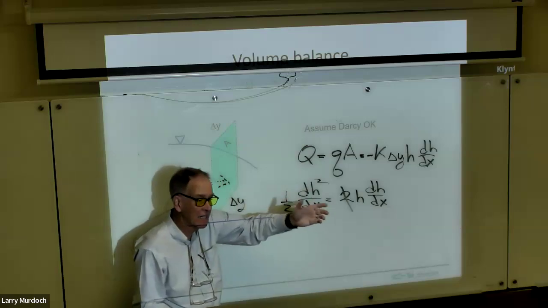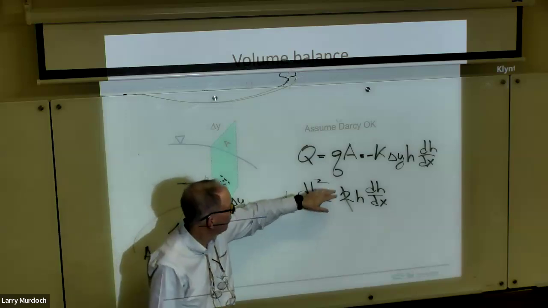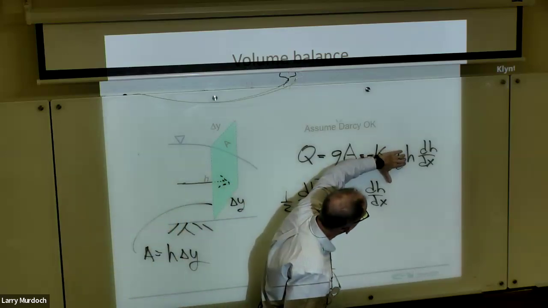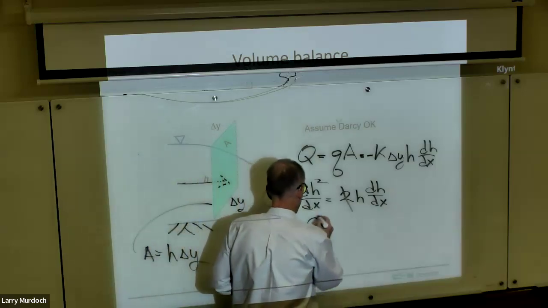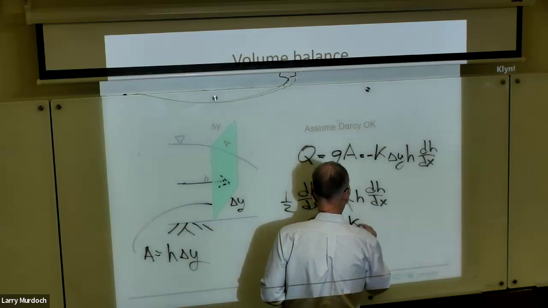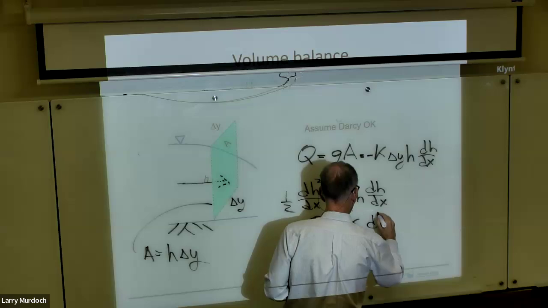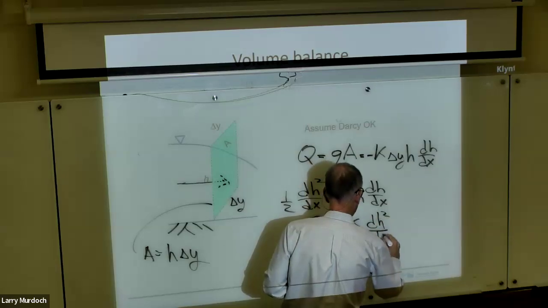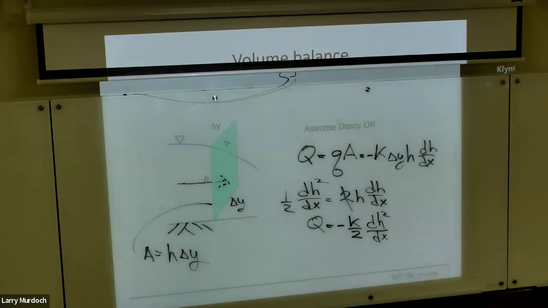If we squared h and took the derivative, that's what that means. So this thing right here, we can write it like that. So Q is equal to minus K over 2 times the derivative of h squared. A little bit of a twist on Darcy's law for the unconfined case.